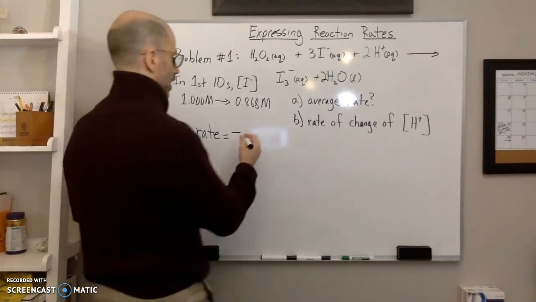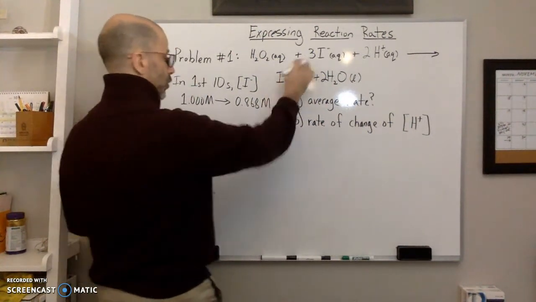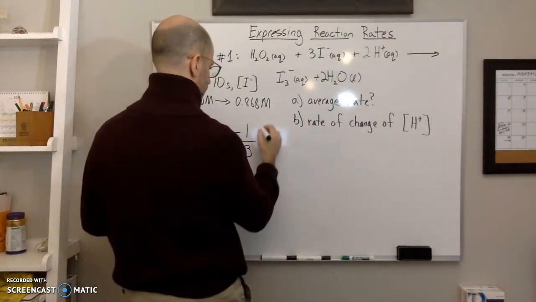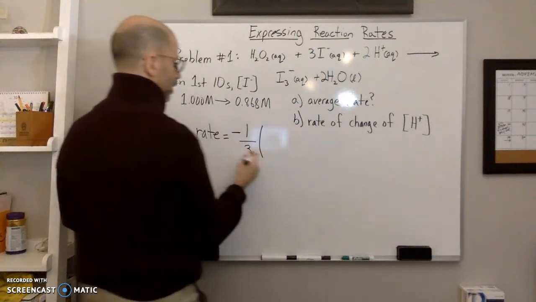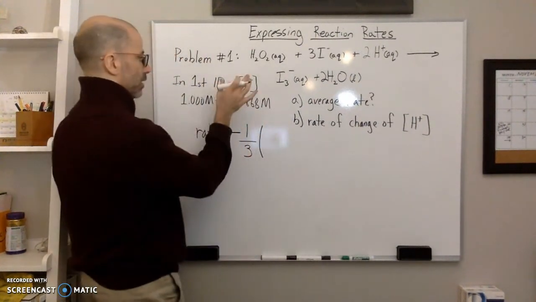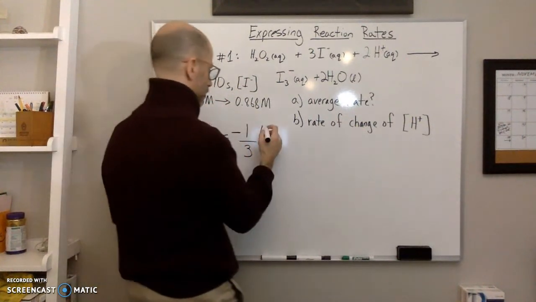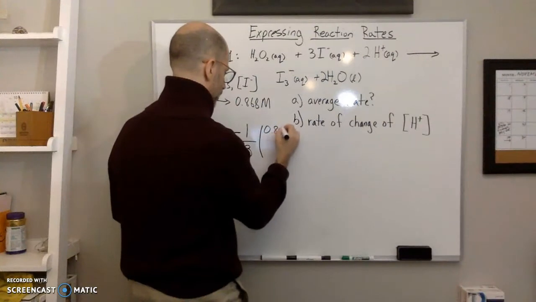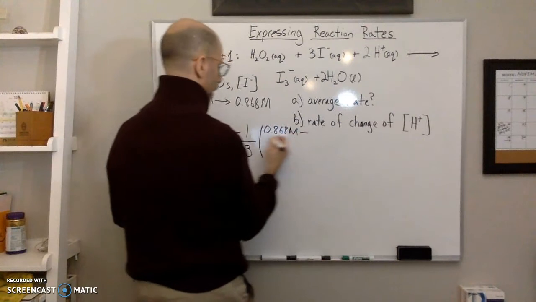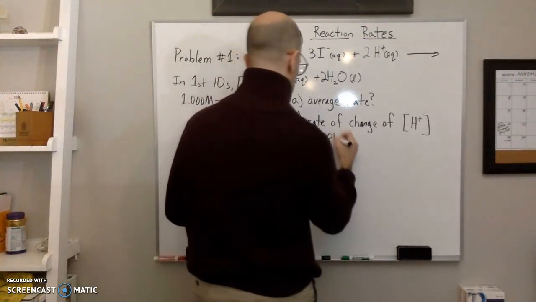And so here you're going to have 1 over 3, and then you're going to multiply by your rise over run. So it's going to be the change in your concentration, final minus initial. The final was 0.868 molar, that was the final concentration, minus the initial, which was 1.000 molar.